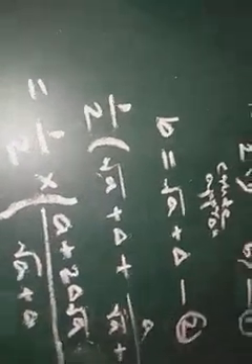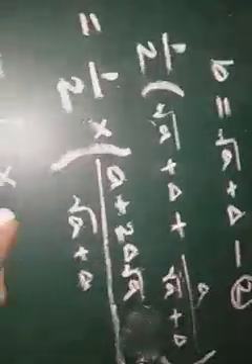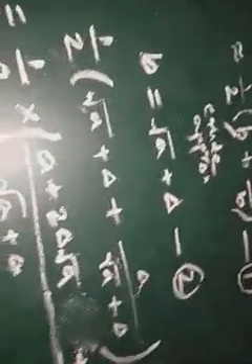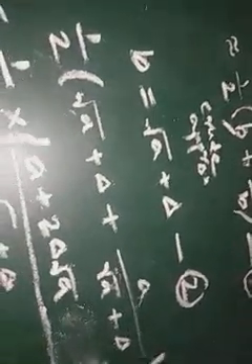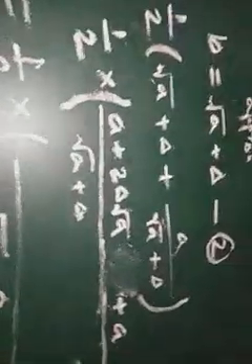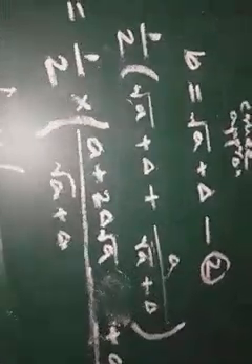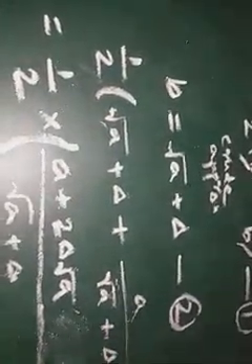Then what we have is just mere calculation, half times root a plus del. We are going in rough lines. We should go in parallel lines.